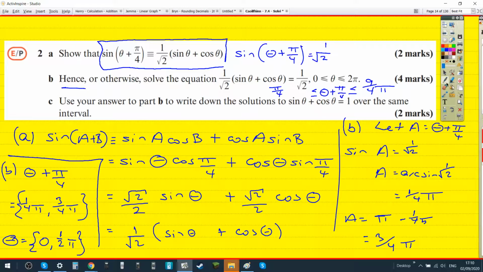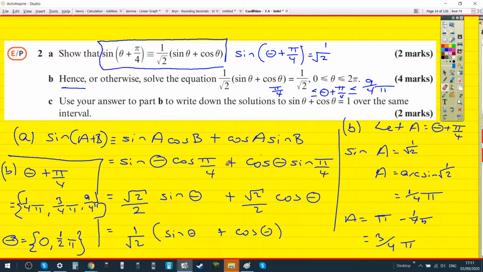So that's a third answer. Wait, but can we not say 0? We can't. Oh, because that's when we change it back. So it works. Okay, so for 9 over 4 pi, then do you do minus 1 over 4 pi? Yeah.